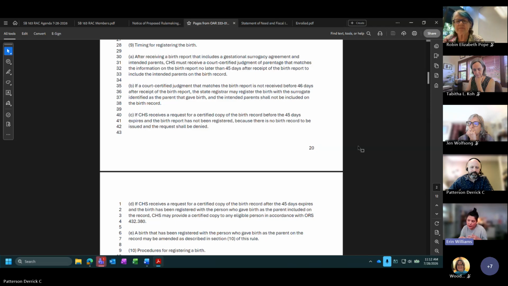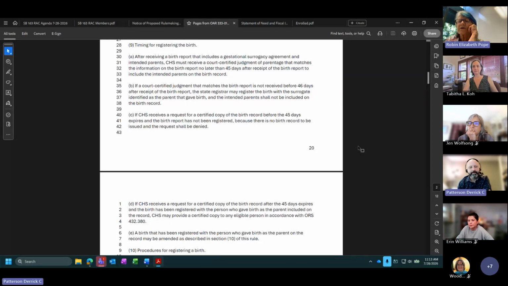But the other alternative would be, if a birth report indicates that the child was born under a gestational surrogacy agreement but the judgment isn't received, to not issue the certificate at all and say we're denying issuing the certificate because we don't know who the parents are. We don't have enough to determine who the parents are and put them on the record. And so the child won't have a birth certificate. That's the third option. There's probably lots of options, but that's another one. I would just be interested to hear from you all about the impacts of that.